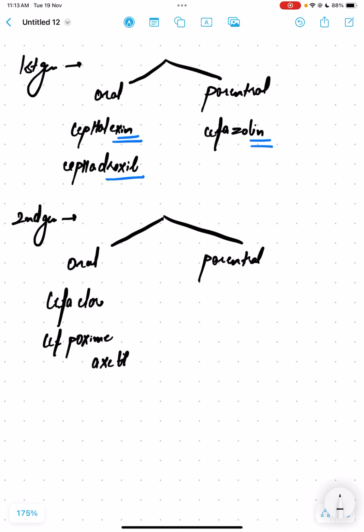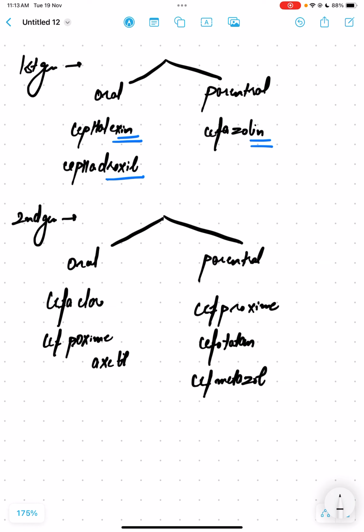And parenteral drug involves cefotetan, cefmetazole, and cefuroxime.